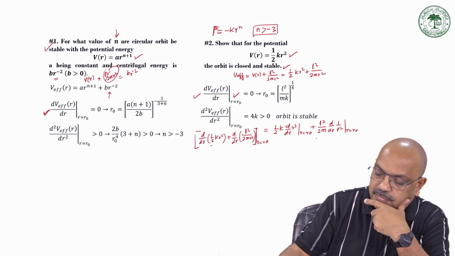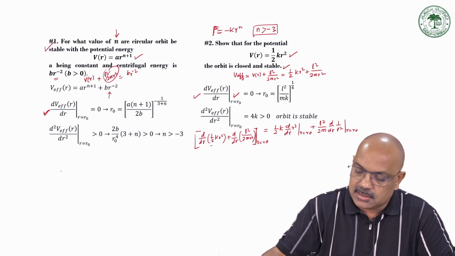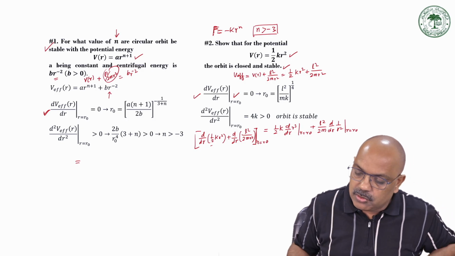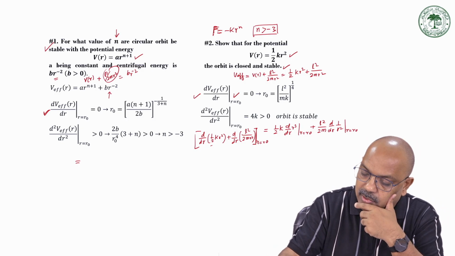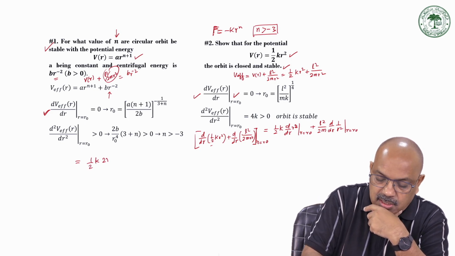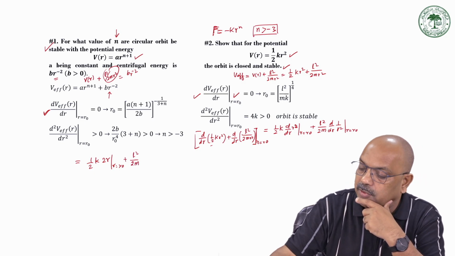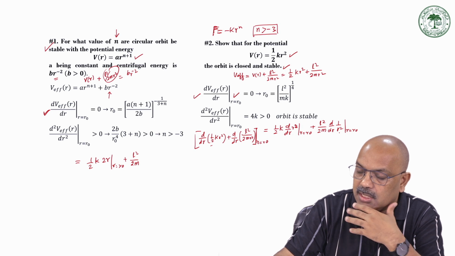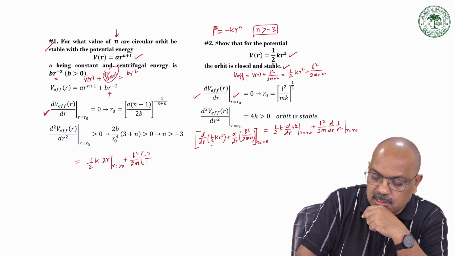Okay, so if I go from this side to this side, this is going to be half k into twice r at r equal to r naught, and then you have plus L square by twice m, and 1 by r square differentiates to minus 2 by r cube, at r equal to r naught.